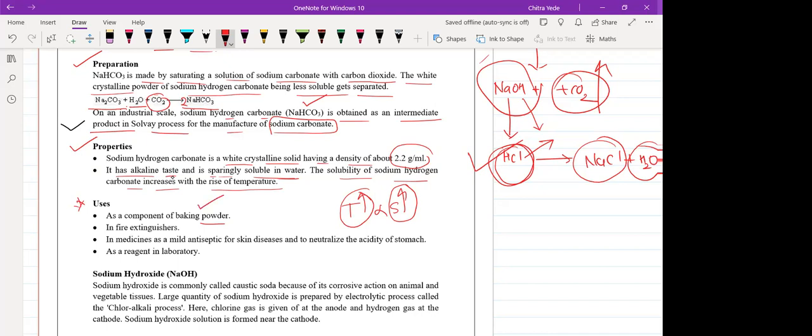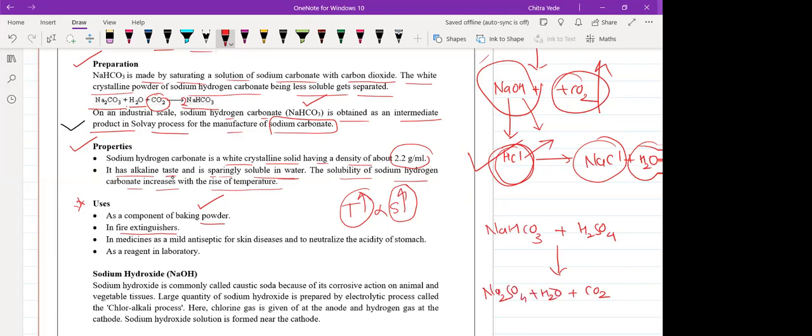Next, it is used in fire extinguishers. In a fire extinguisher, we have NaHCO3 plus H2SO4, sulfuric acid. When they react, they form carbon dioxide, sodium sulfate, Na2SO4, and water.